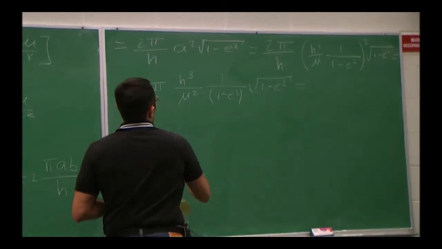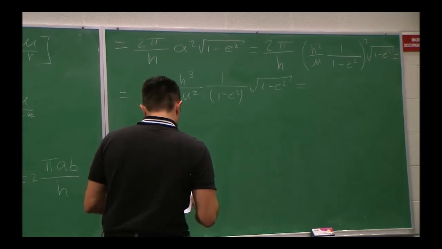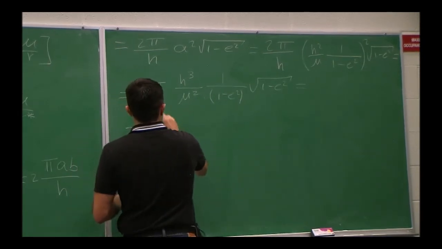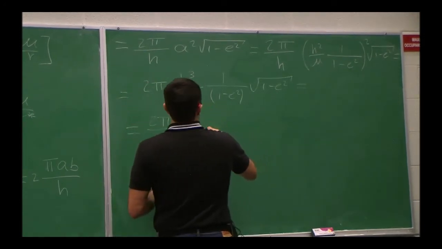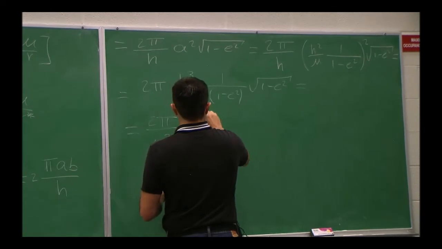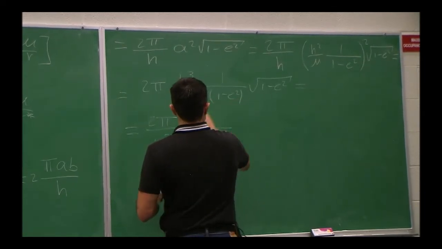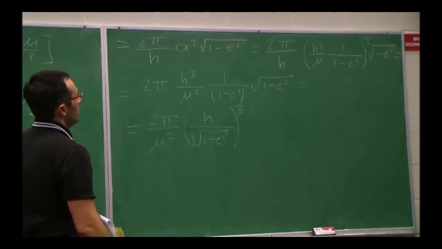Okay? Two pi over mu squared. Let's see what I have. Yeah, this becomes the following. Cubed. Do we see that?